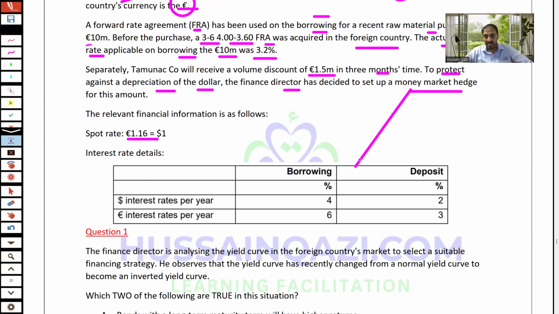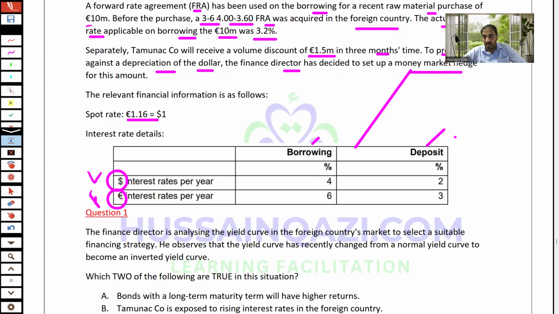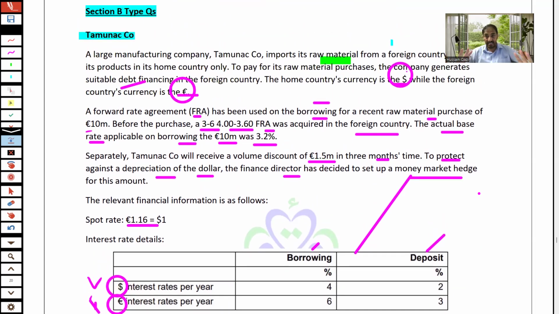Borrowing rate, deposit rate. That's dollar, the local currency. Euro is the foreign currency. Foreign, local. Borrowing rate, deposit rate. You must apply the money market hedge in a very smart way. You have to practice it in a manner to become a master. It's very simple. So this is the case.